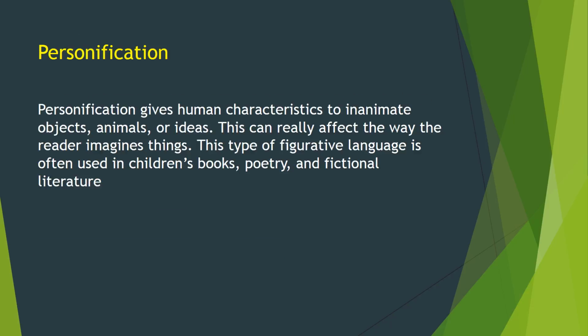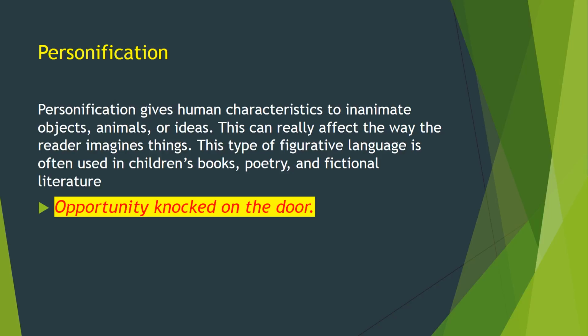Next, let's look at personification. Personification gives human characteristics to inanimate objects, animals, or ideas. This can really affect the way the reader imagines things. This type of figurative language is often used in children's books, poetry, or fictional literature. The first one is: opportunity knocked on the door.